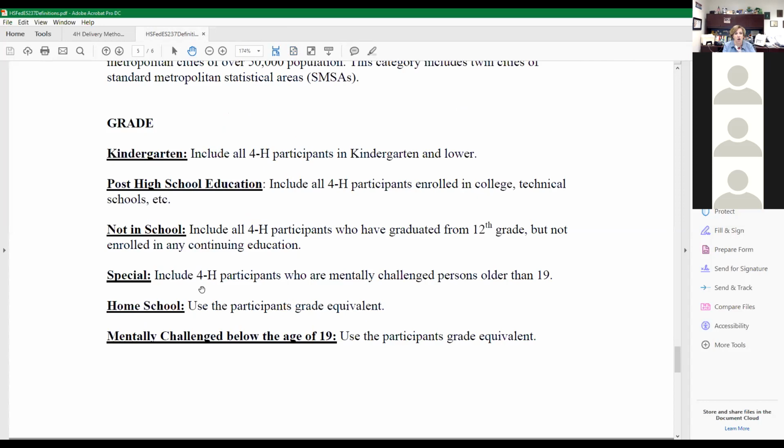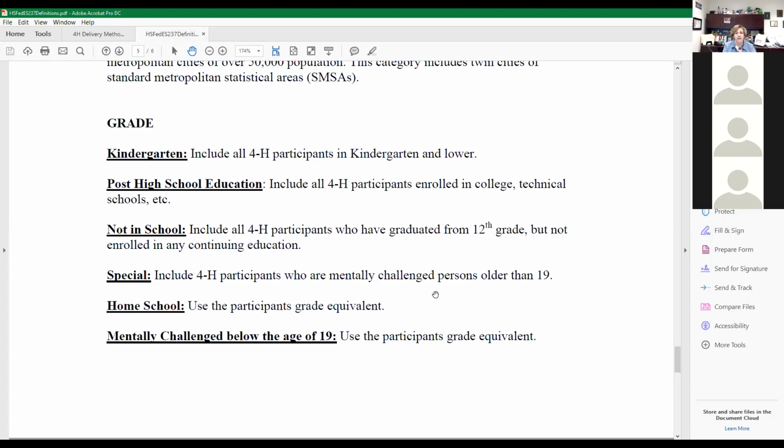That is for 4-H participants who may have some mental disabilities. This wording is probably pretty dated. Alan Smith retired right after my career started, so 23 to 25 years ago, maybe a little bit more.